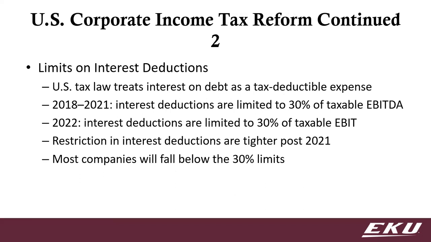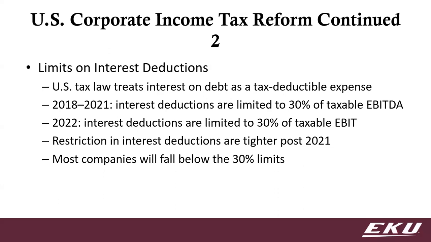Okay, they did make some limits on interest deductions. And so this is basically to tighten up a lot of those shields. It's not something that affects most companies, but there was a certain way of structuring yourself, taking on a lot of tax shield to really drive a lot of sheltering.